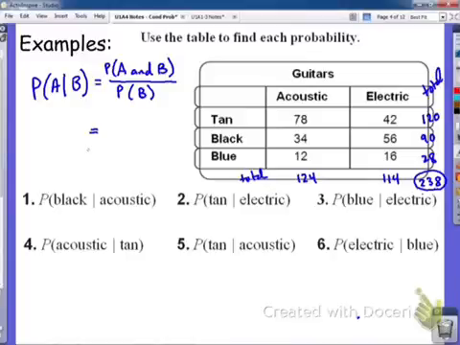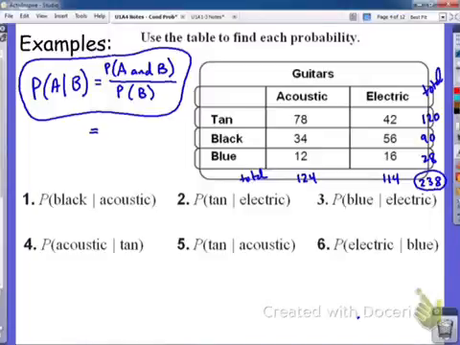Now, this is the formula. But in a table problem, you can actually make this a little bit easier.